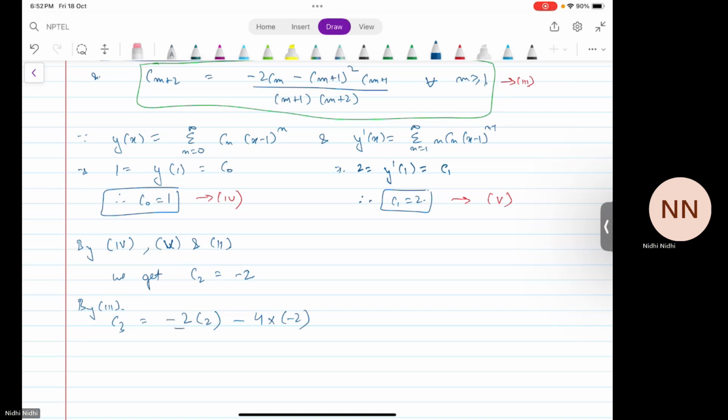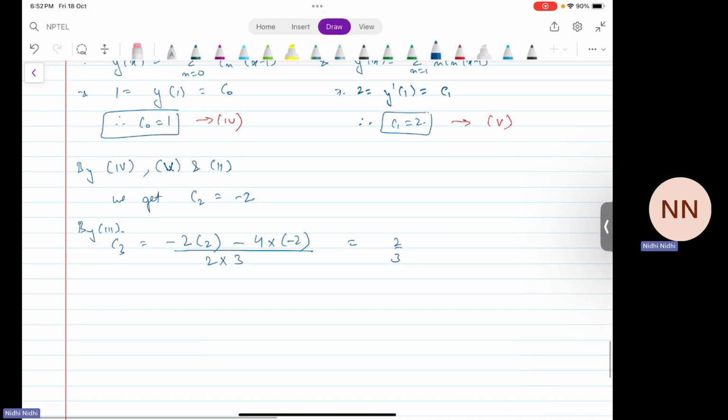Minus 2 by m plus 1 is 2 and m plus 2 is 3. So this is minus 2c1. So this is 2 minus, taking out 2 common, so that would be 4 minus 2 by 3. That is 2 by 3.